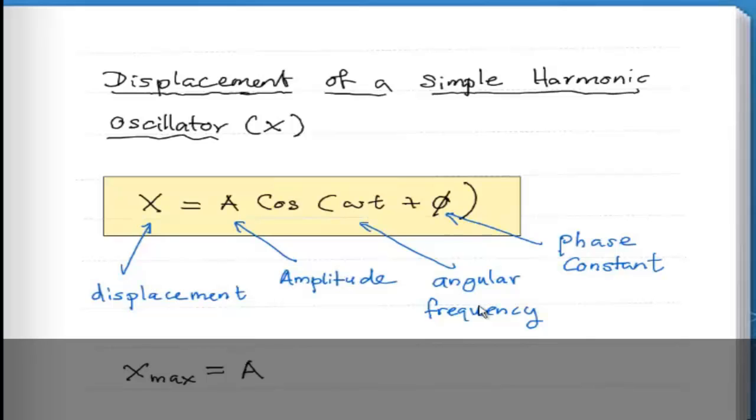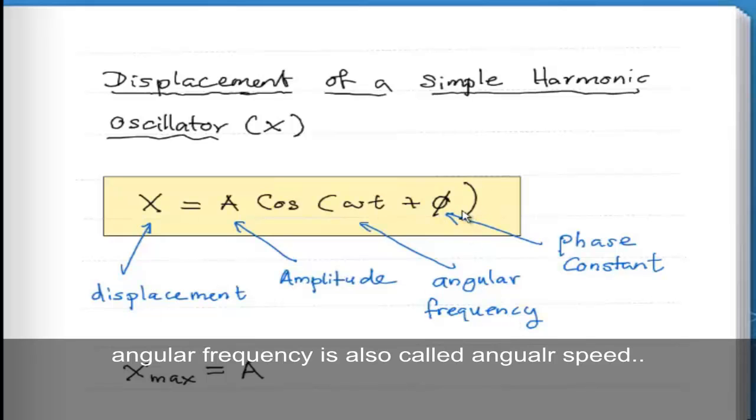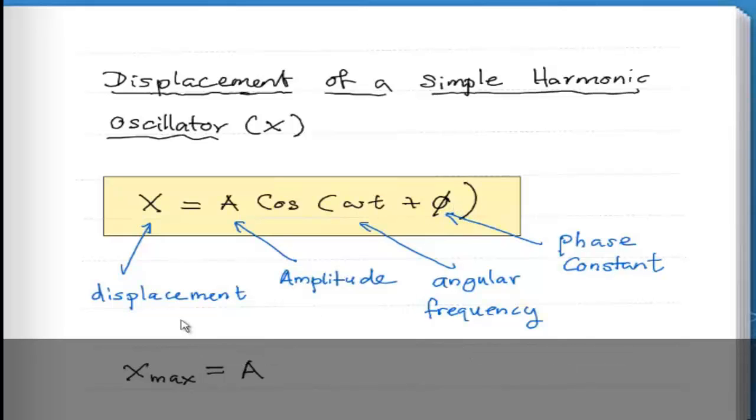Omega is the angular frequency, which is the same value that we call the angular speed, and phi is a constant that represents the initial position of the motion when t equals 0.